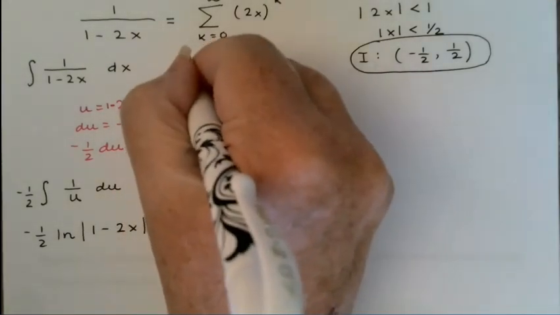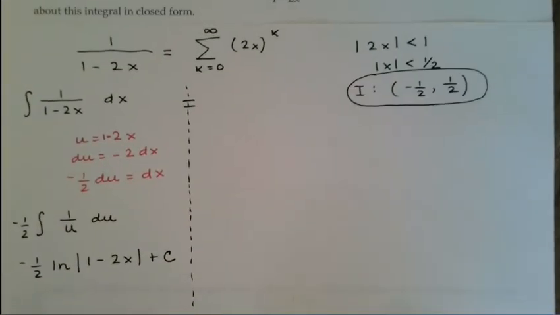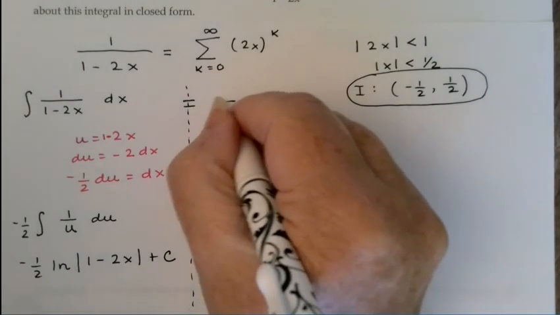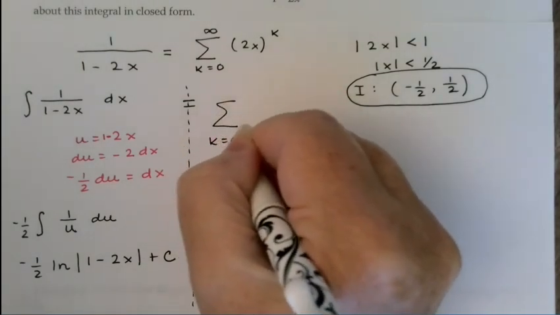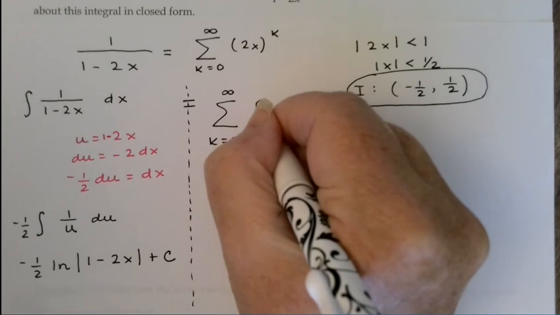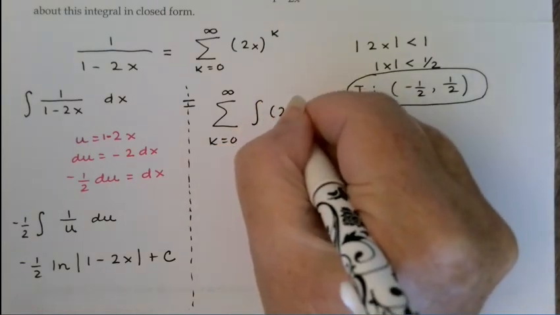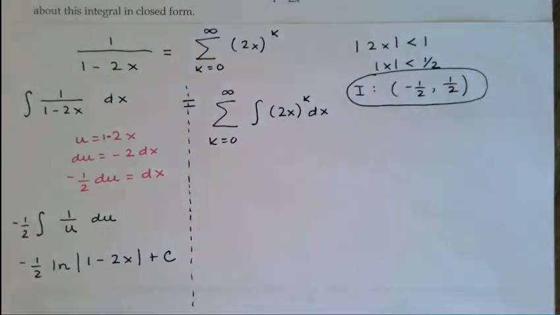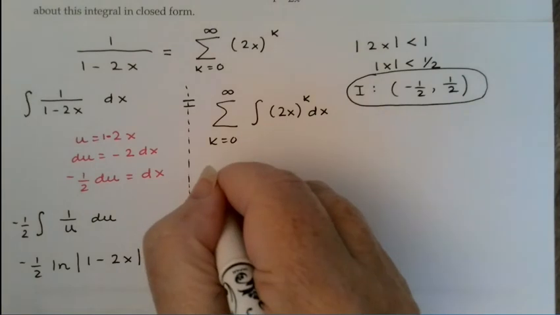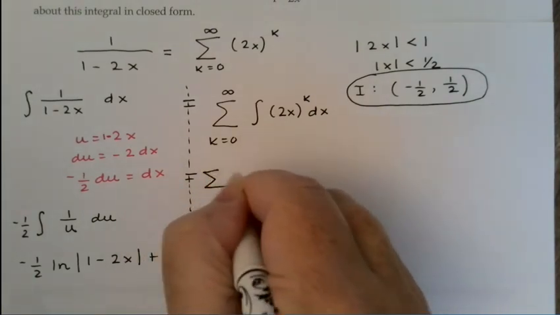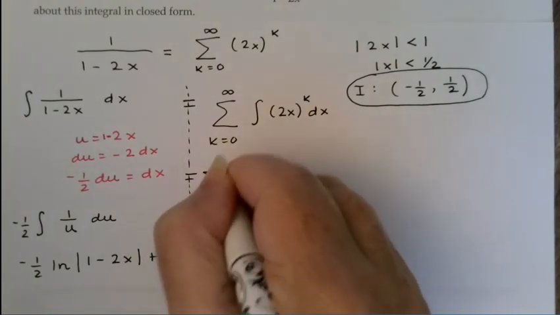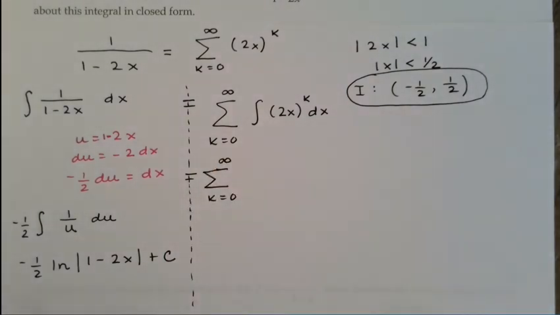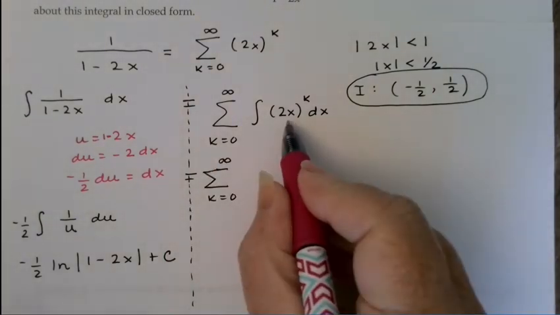Now in order to keep it equal, I would also have to integrate the right-hand side. So in my series, I can integrate inside the sum. Like so. And once again, I'm going to want to make a u substitution. In this case, let's just go ahead and let u equal the 2x.